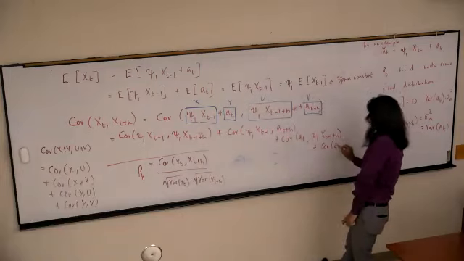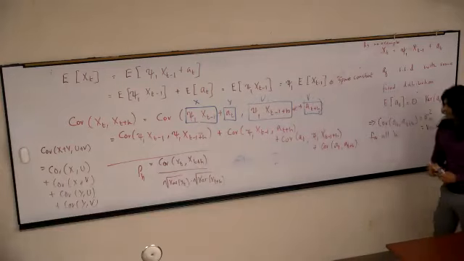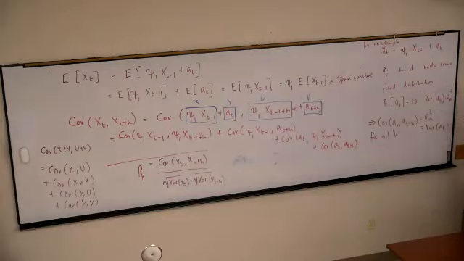Covariance is the last part, at, comma, at plus h. Good. So x, u, x, v, y, u, y, v.